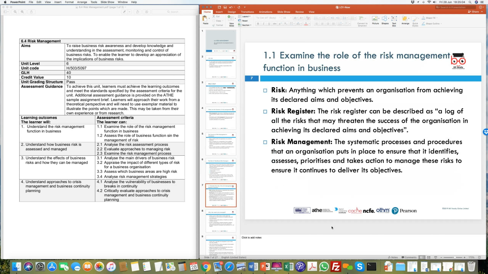Now, having understood some broad criteria about what is risk, what is risk management, why we need to look at risk management within health and social care, and having briefly skimmed the surface of the main responsibilities of somebody who works within the health and social care sector and is responsible for risk management, we then look at the different types of risks.